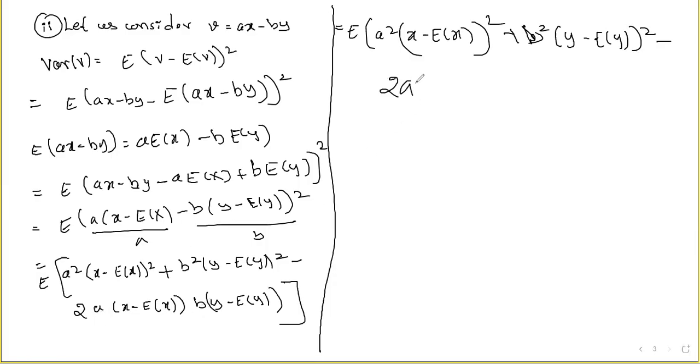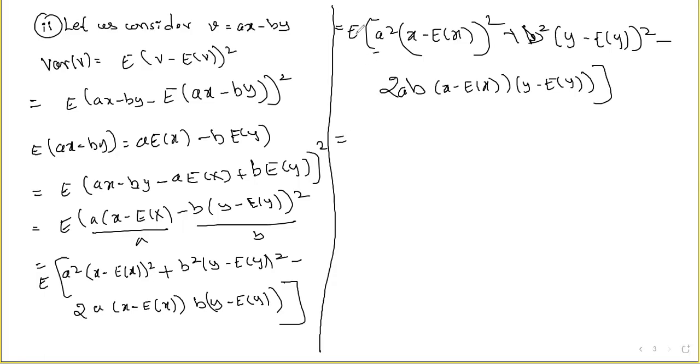minus 2ab, x minus expected value of x, y minus expected value of y. So here the whole expectation.